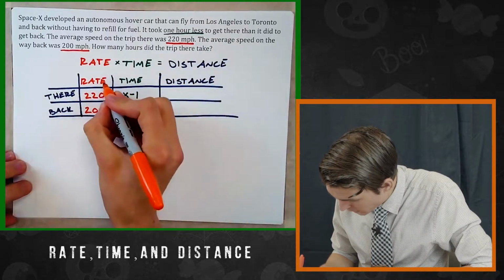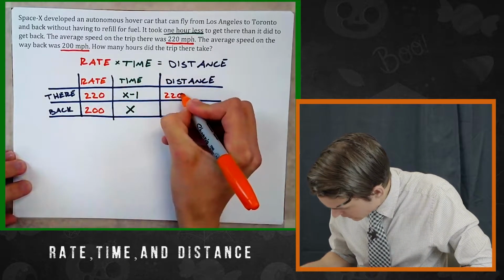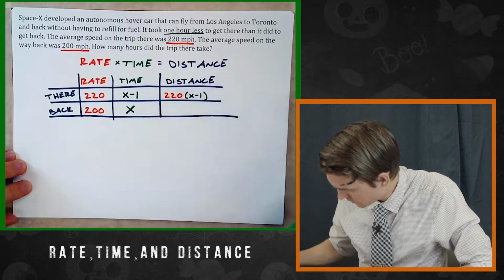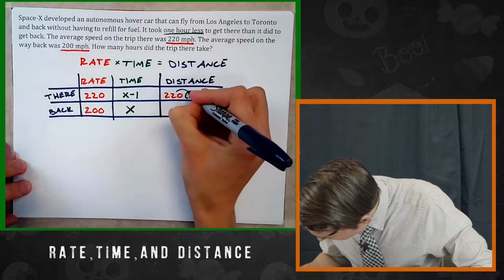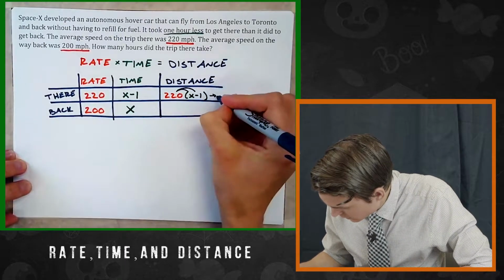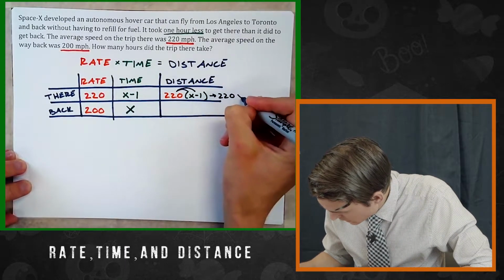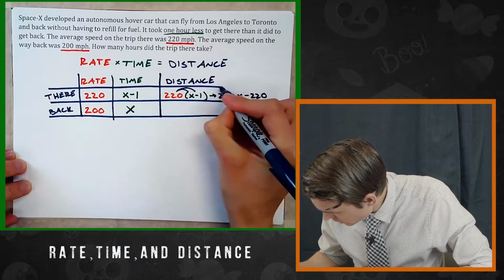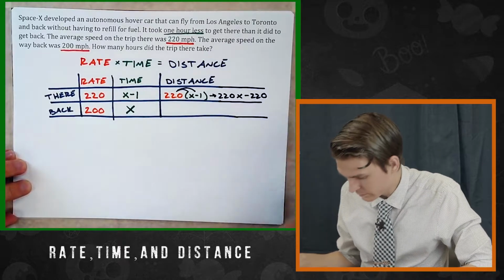So if we do rate times time to give us an expression for our distance, and I'll need to distribute, I'll have 220x minus 220. Let's go ahead and extend out our table just a little bit.